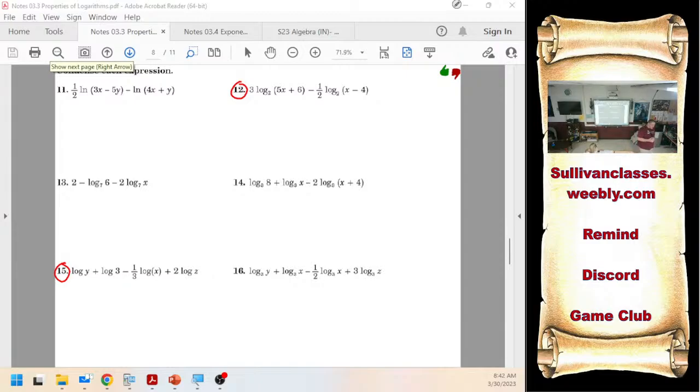The look of just pure resentment that comes off of someone's face when they see a radical on the denominator. And we'll see who gets 12 all the way right.